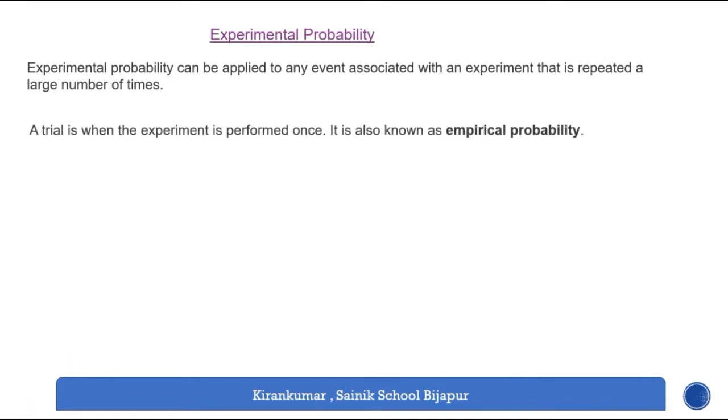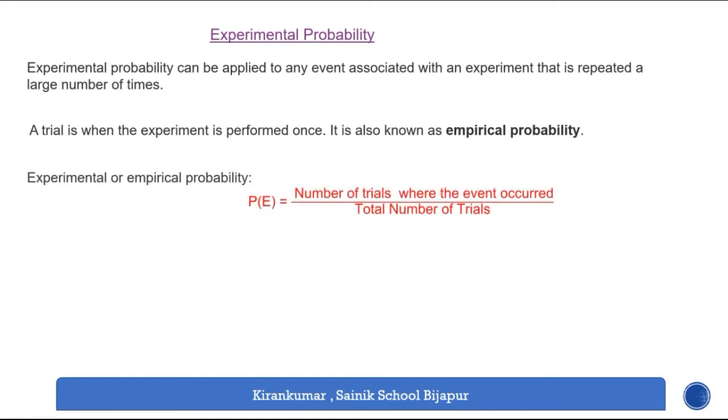A trial is when the experiment is performed once, and it is known as empirical probability. Experimental or empirical probability is given by P of E equal to number of trials where the event occurred upon the total number of trials.